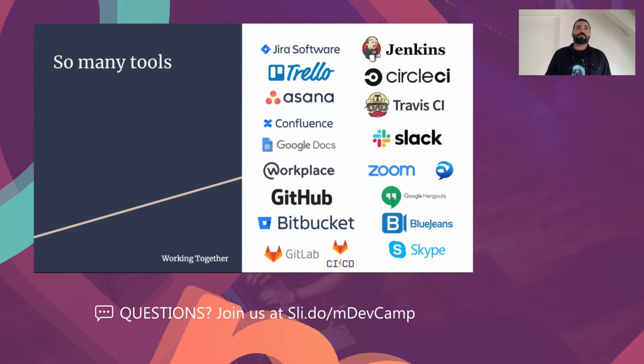But what if you cannot choose, or what happens when preferences come into play and you choose different ones? Because you are working in a big company, a lot of different people have different preferences. So you might end up having Jira, Trello, Asana all together, right?